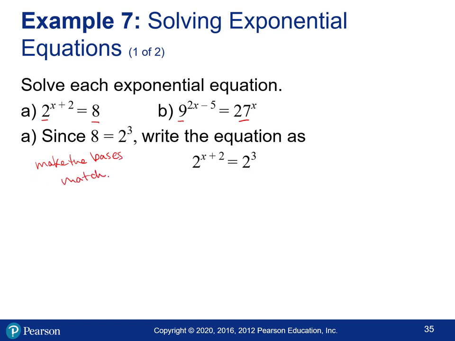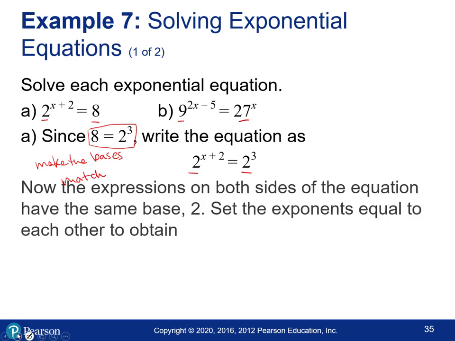I like to say make the bases match as the first step. So 8 is rewritten as 2 to the third, because 2 is the base on the left, so we want 2 to be the base on the right. We want them to be the same, and that's because 8 is a power of 2. Now that that's the case, we just use our property.